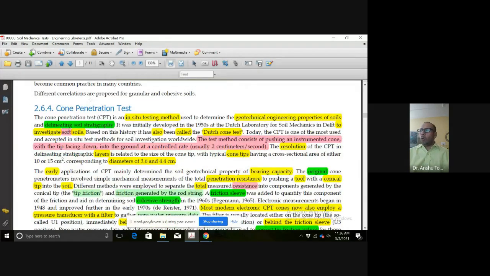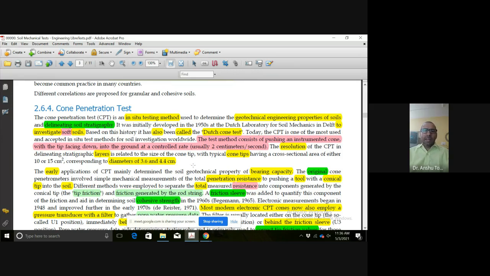Then we have cone penetration. The cone penetration test is another in situ testing method, which represents the geotechnical engineering properties of soil. Now here, the word dynamic is not used.